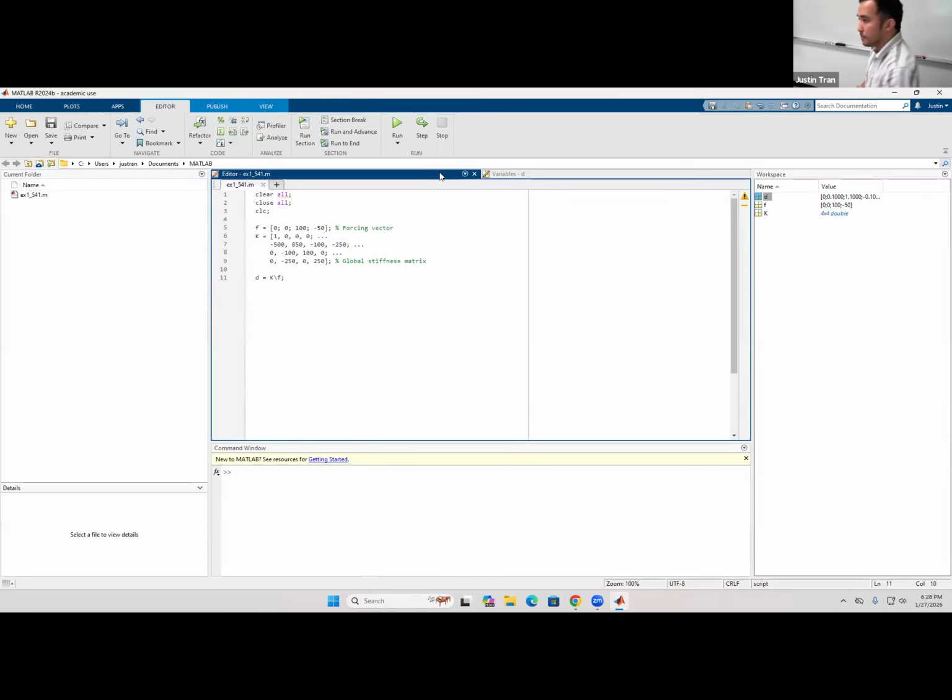Question. Yes. Is there any difference between doing that line 11 versus using the linsolve function? Yeah. So the linsolve function gives you more custom options. The backslash basically just uses the default. Backslash is the same thing as linsolve, but it uses the default settings for it.